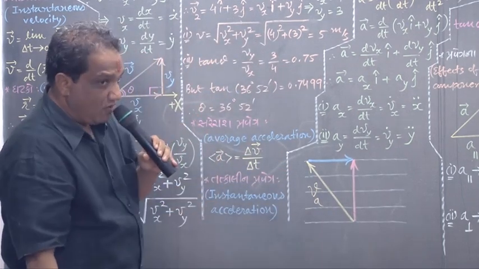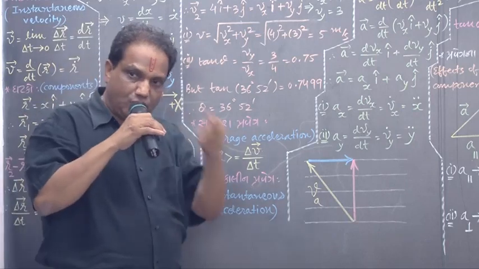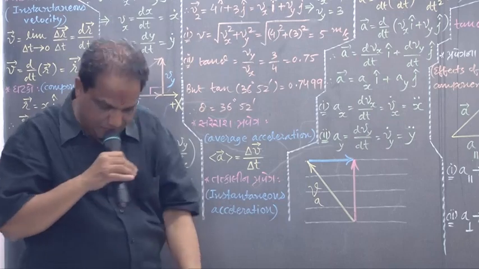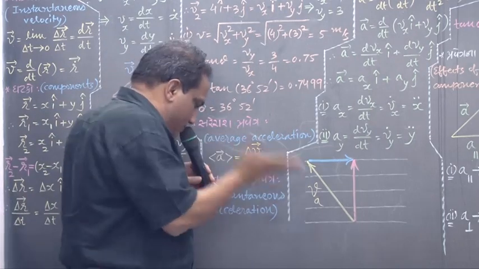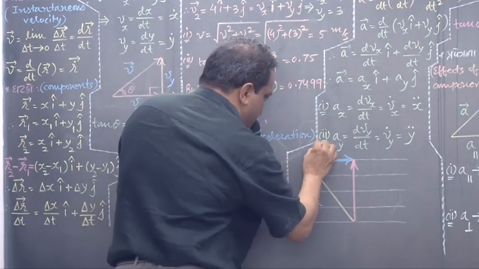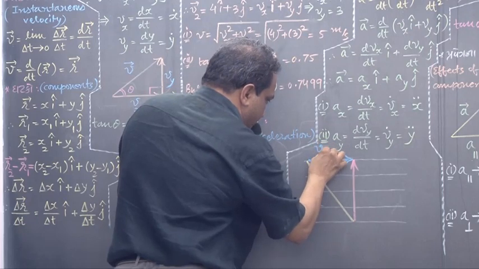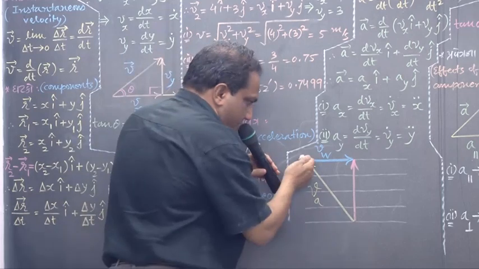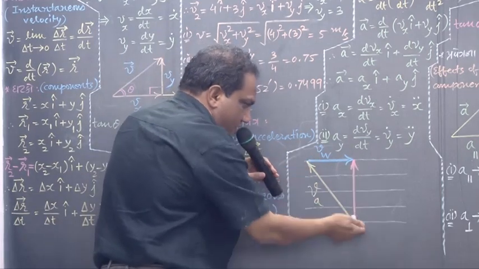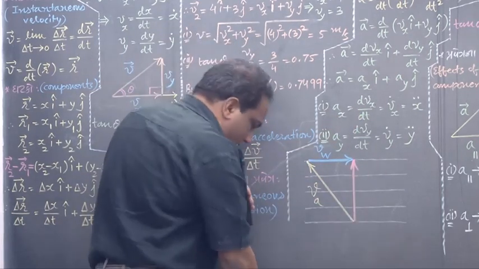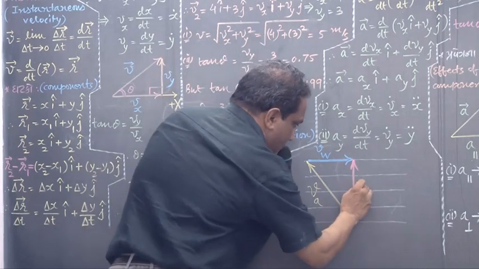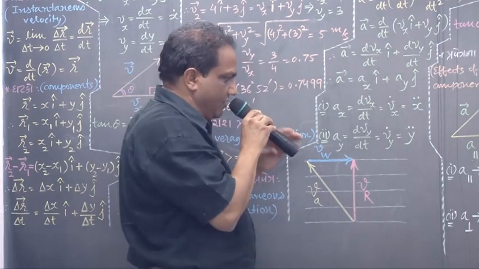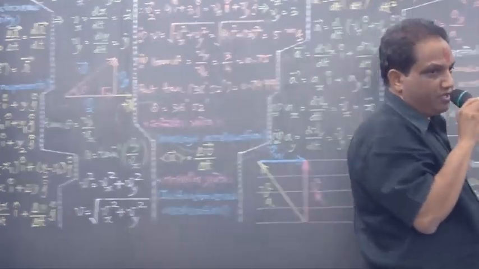Actual velocity of boat. What is this? Velocity of water, VW. Correct? This velocity plus this velocity will give you resultant velocity. So I am writing VR. Sometimes we call it apparent velocity. What do we call it?